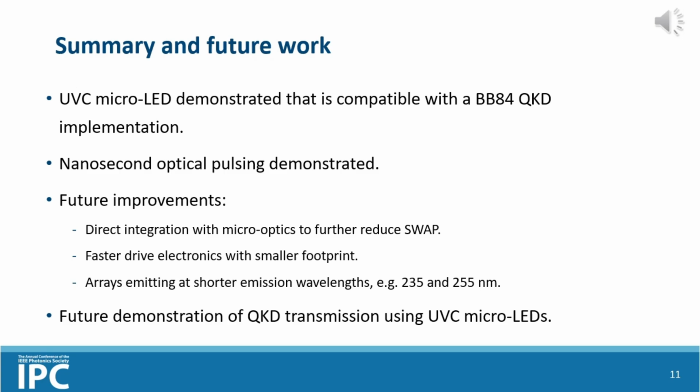And then we'll also be looking at emitting at different wavelengths, looking at micro-LEDs with emissions perhaps as short as 255 or 235 nanometers, where there may be some advantages going to shorter wavelengths, for example, even further reduction in the solar background at those wavelengths. And then finally, we will look to do a full QKD transmission demonstration using these UVC micro-LEDs.